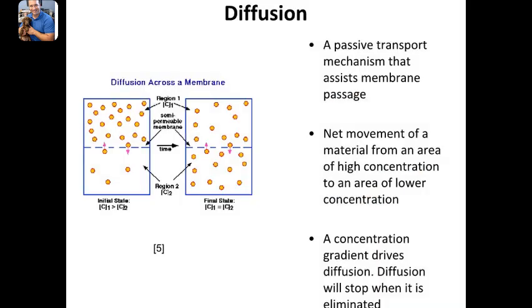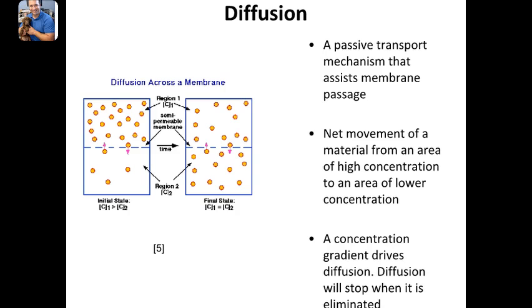So diffusion is a passive mode of transport into the cell, all right? It doesn't require any energy. The energy currency of the cell is adenosine triphosphate, or ATP. That is what gets all the work done in and around the cell and in biological systems.